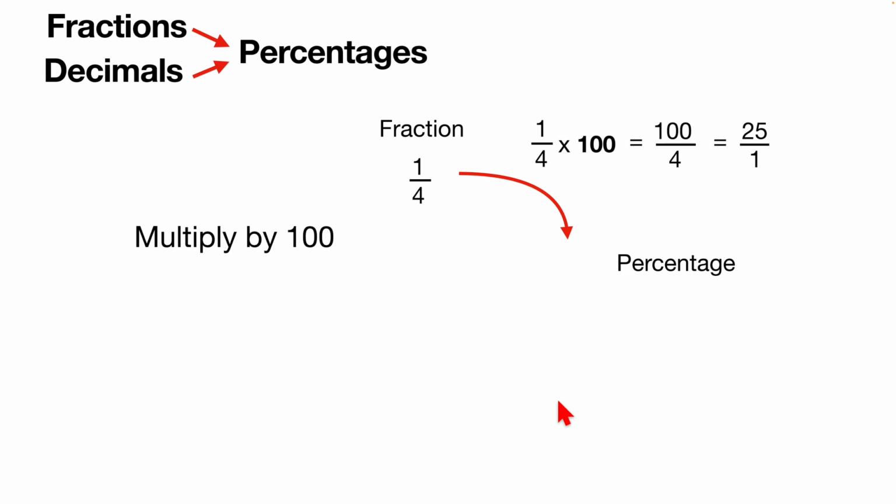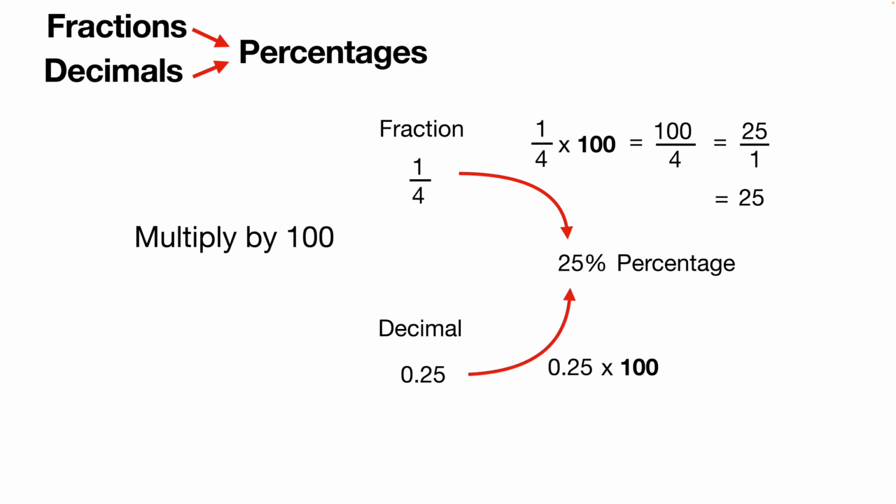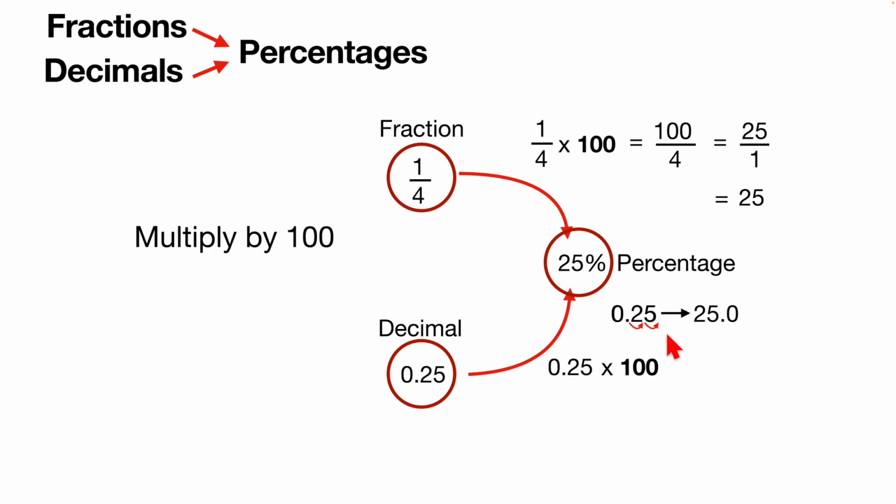A number over 1 is the same as the number. That equals 25. So a quarter equals 25%. Coming from a decimal, again 0.25, we want to multiply by 100, and the way to multiply by 100 is to move the decimal place 2 places to the right, and that gives us 25. So a quarter is the same as 0.25 is the same as 25%.